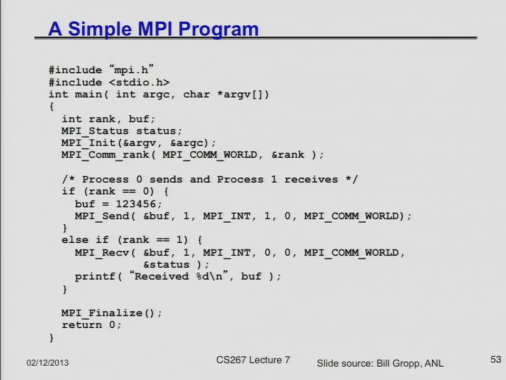Now, what if you have, like on Hopper, 24-way parallelism locally on your chip, and then you have thousands of those? MPI will not necessarily do the perfect thing. So what people have been doing, alas, is they have one MPI process per chip, and then they write OpenMP code to access all the 24 cores on that chip.